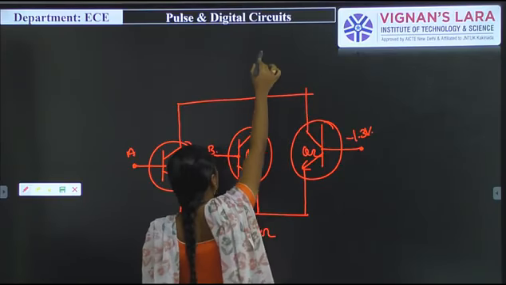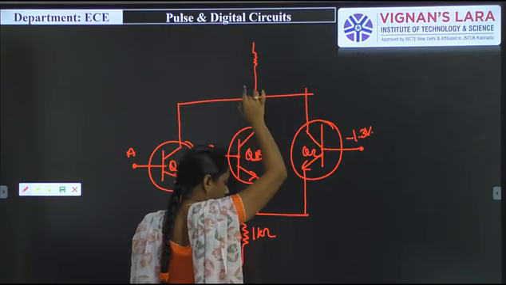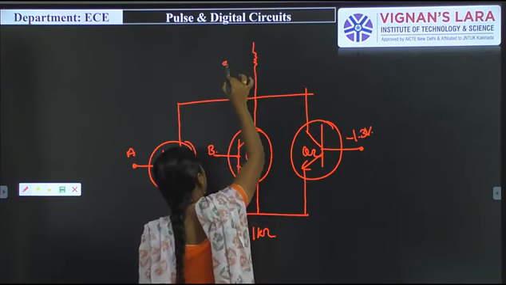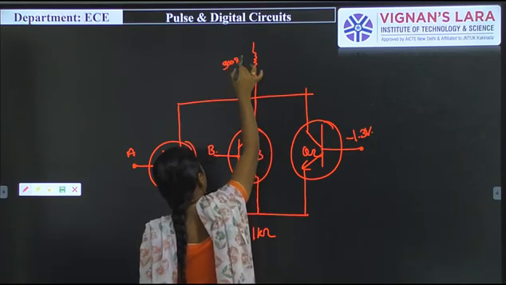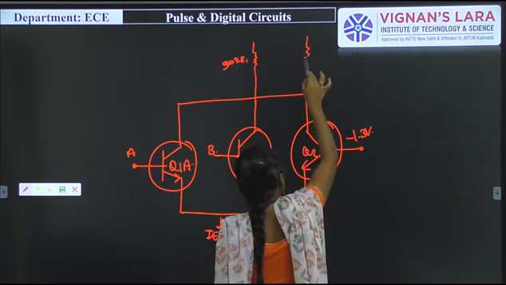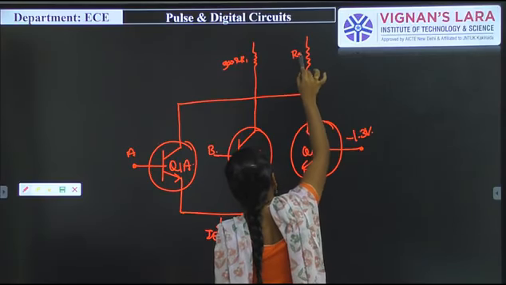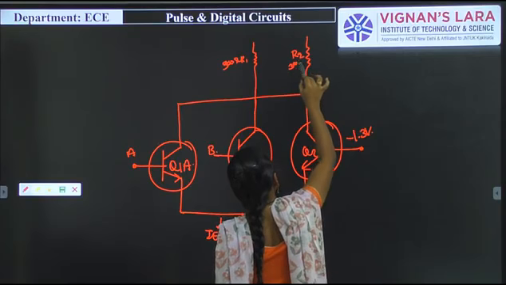After that, here I am connecting a resistor of 300 ohms, that is R1, and R2 is also 300 ohms.